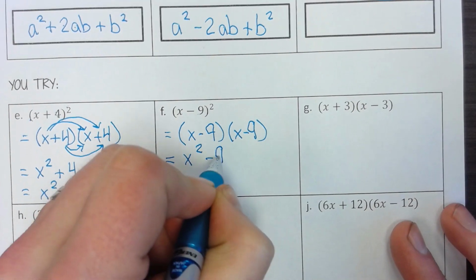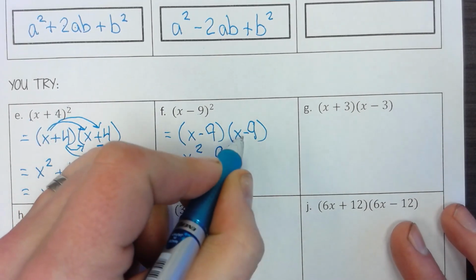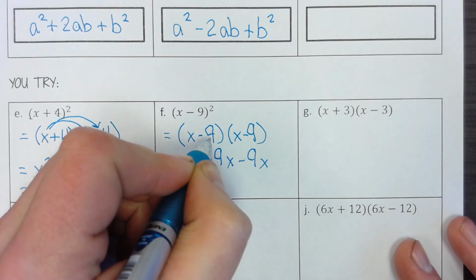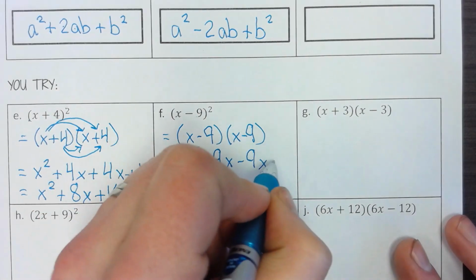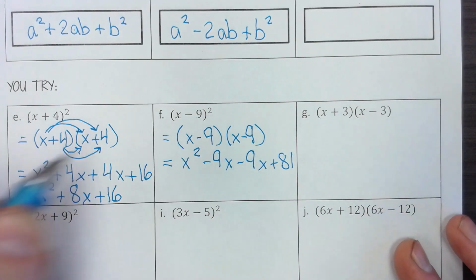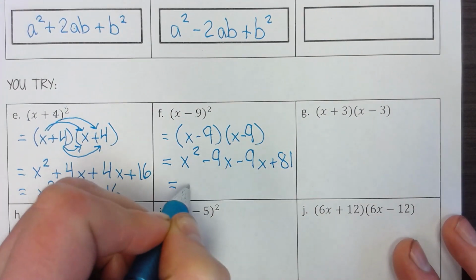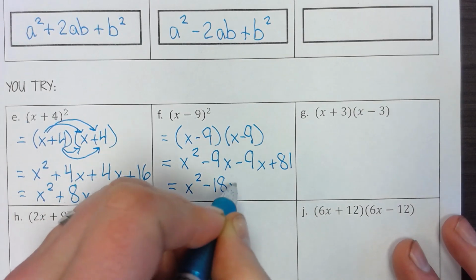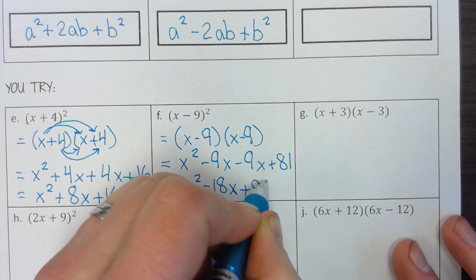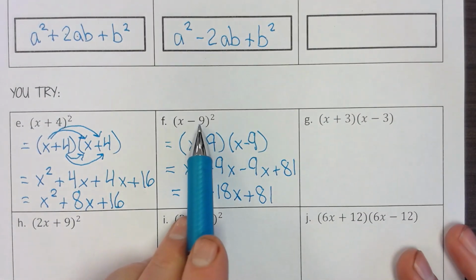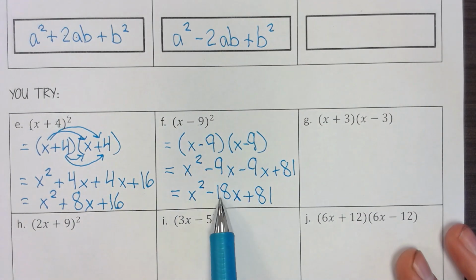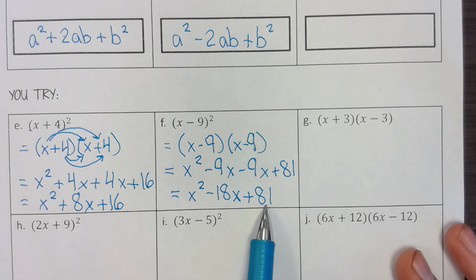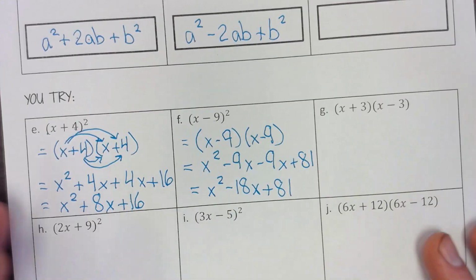Well, that's negative 9x. I've got negative 9 times x. Well, that's negative 9x. And I've got negative 9 times negative 9. Well, that gives me a positive 81. I can rewrite that a little bit, and I get x squared minus 18x plus 81. Notice this negative 9 times x twice, and of course our x squared and our negative 9 squared right there. Okay.